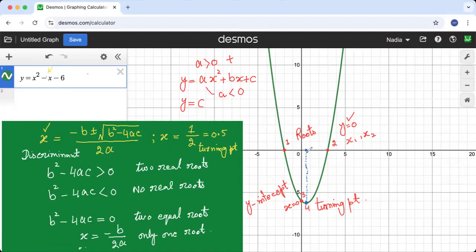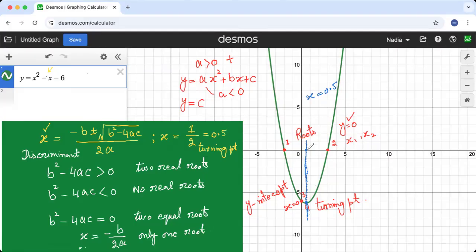So this line has the equation x is equal to 0.5, which is our turning point, and this line is dividing the parabola into two equal parts.